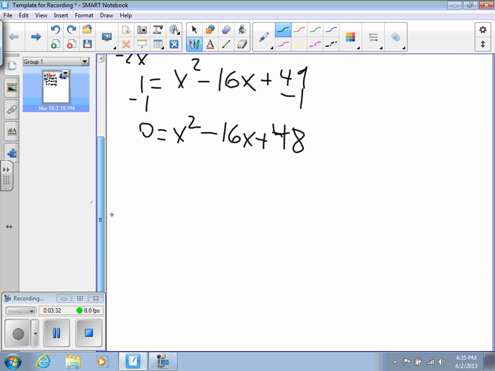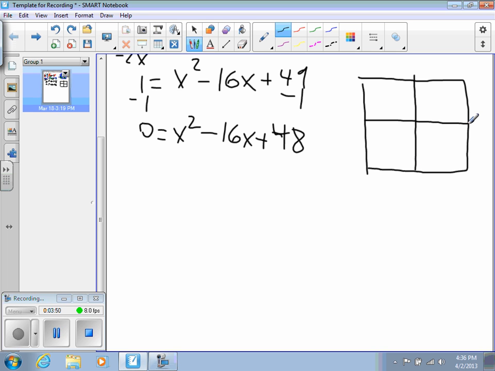Now I get to factor this. It's not a perfect square, it's not a special product. I'm going to use my box to factor it. Okay, so I have x squared right here, 48 here, and I need to use my x to break this term right here back apart.